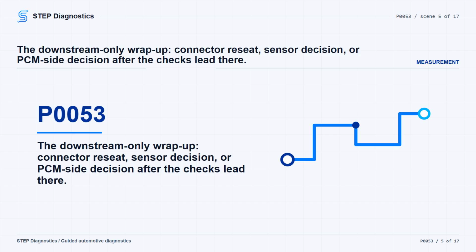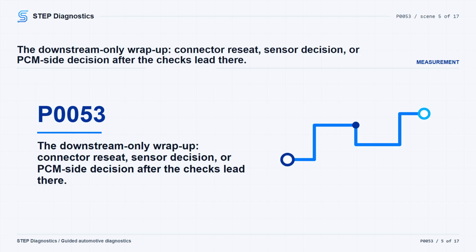If that check passes, the next downstream path checks PCM internal resistance with all PCM connectors disconnected. The listed measurement groups do not clearly call out that downstream heater code path, so if the exact return point is unclear, pause, recheck the earlier diagnostic path, and avoid guessing. If the path does lead you to the final downstream operation check, inspect for pushed-out pins and corrosion at the PCM and HO2S12 and HO2S22 connectors.